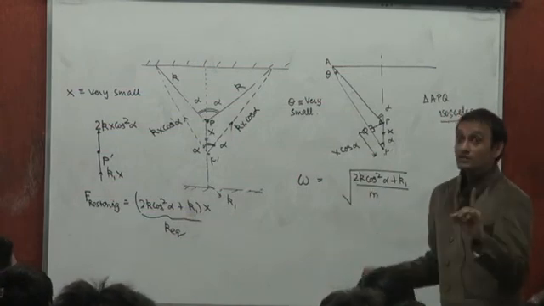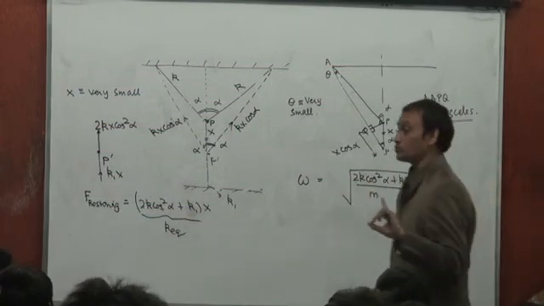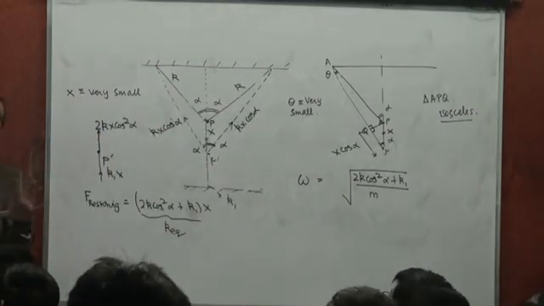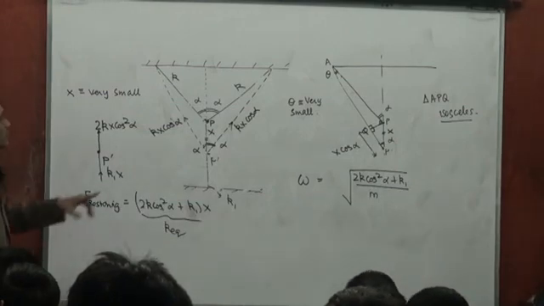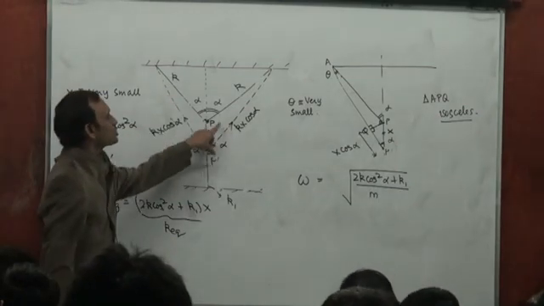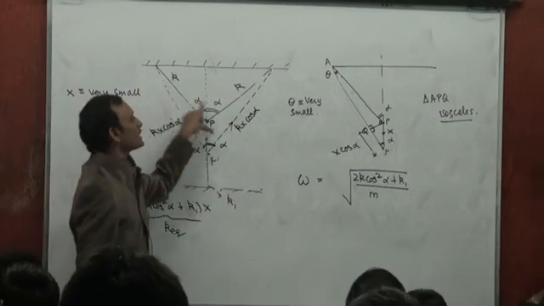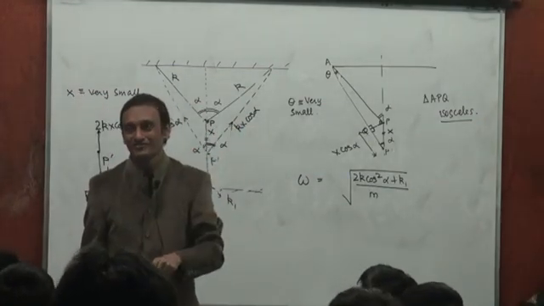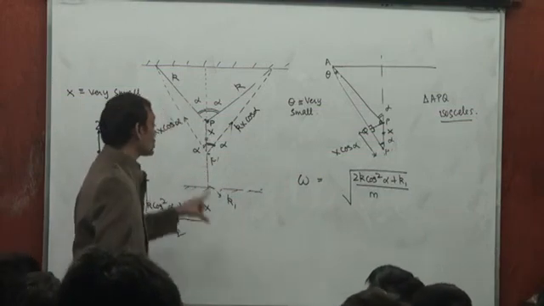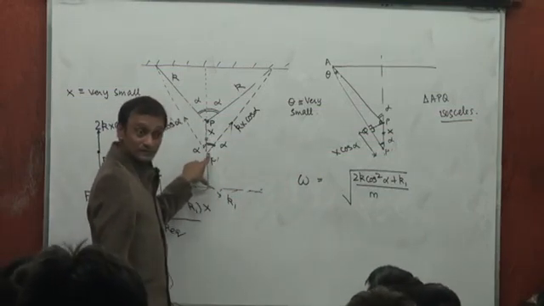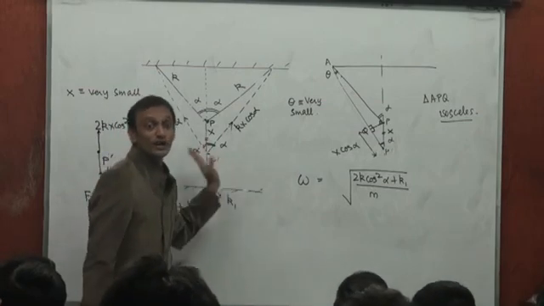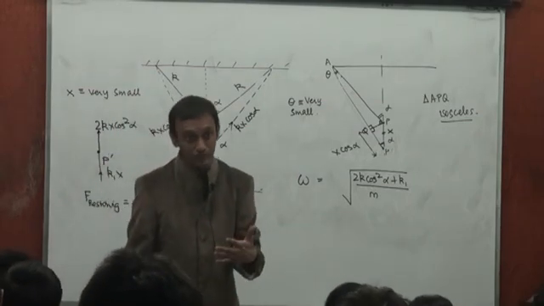Suppose you realize that the motion is going to be bizarre, absolutely horrendous. Not really so, but at least at this level it will look horrendous. In case these two springs were not identical, in the case this was K and this was K1, the horizontal forces will not cancel off. And if the horizontal forces will not cancel off, this particle would be subject to, in addition to a vertical force, an unbalanced horizontal force.